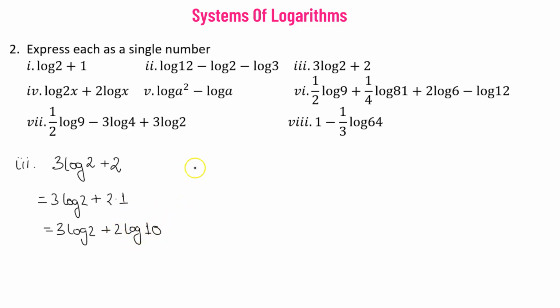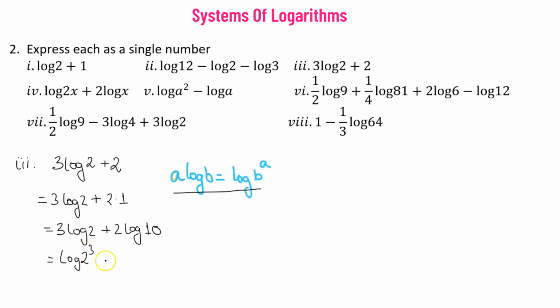Now we are going to use a property here. The property being, if we have a times log of b, then this is the same as log of b raised to the power of a. So that means we have log of 2 raised to the power of 3.